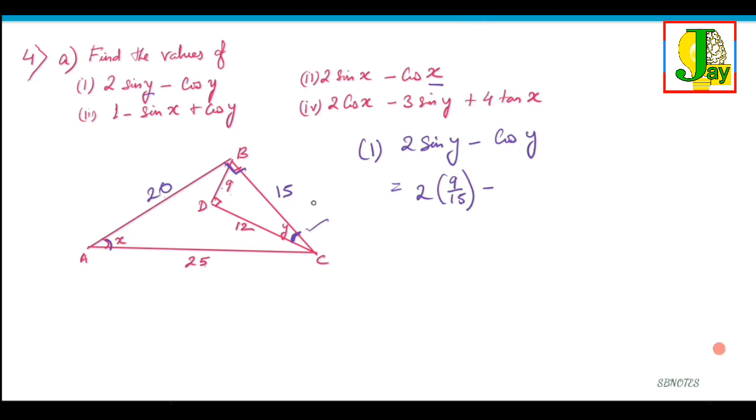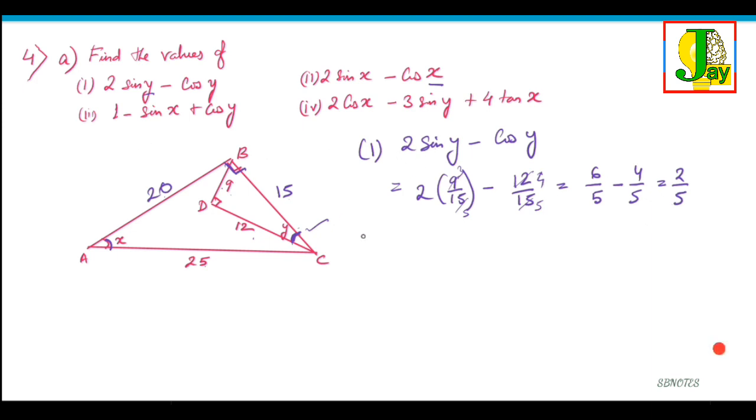Cos y is adjacent by hypotenuse, so for y adjacent is 12, hypotenuse is 15, so 12 by 15. We get 3 by 5, so 2 into 3, 6 by 5, minus 4 by 5. The LCM is 5, so 6 minus 4, 2 by 5. That's the value for the first one.